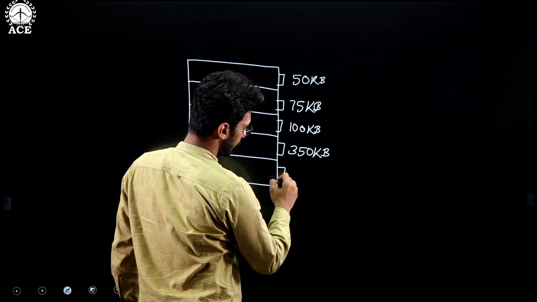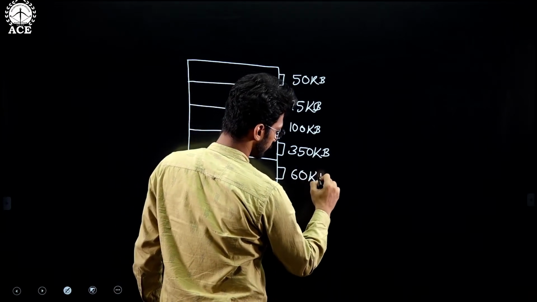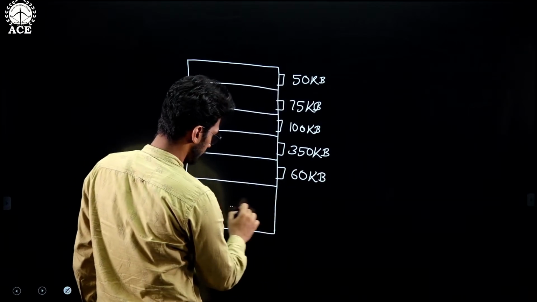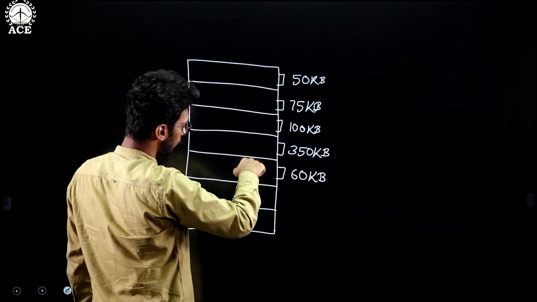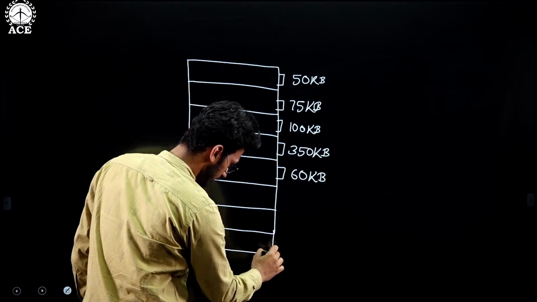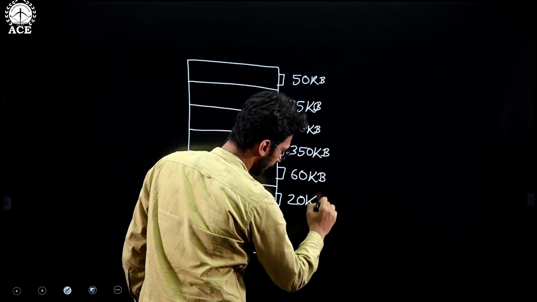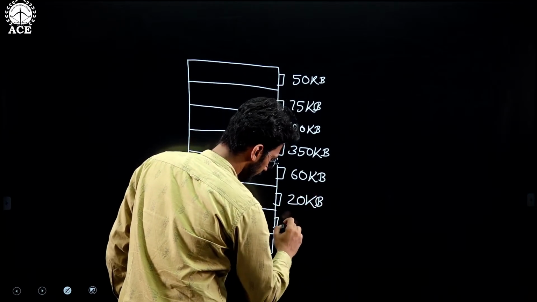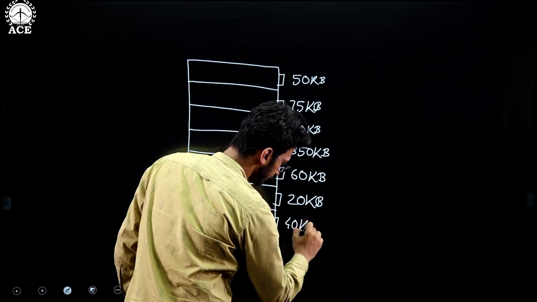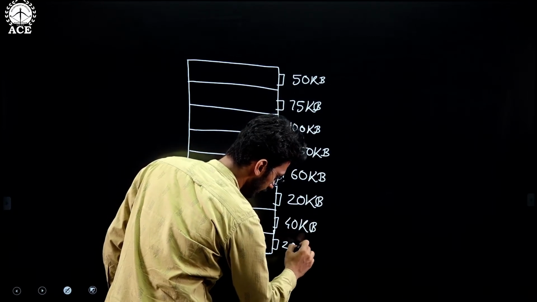Okay. 350. Let's say 60 KB. Let's take 8 partitions total, just for the sake of convenience. 20 KB, 40 KB, and let's say 200 KB.